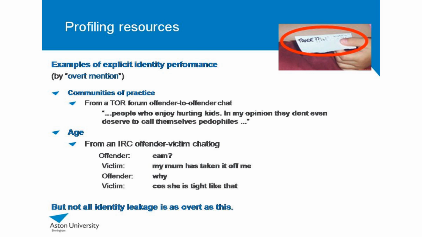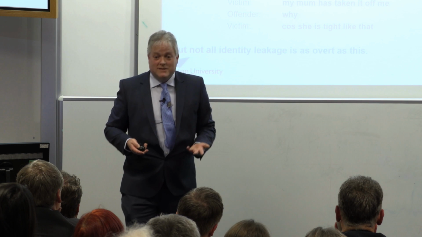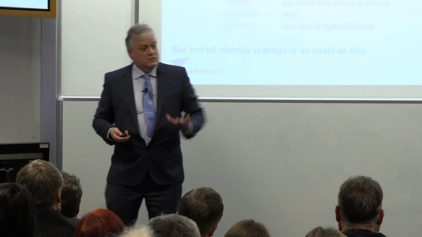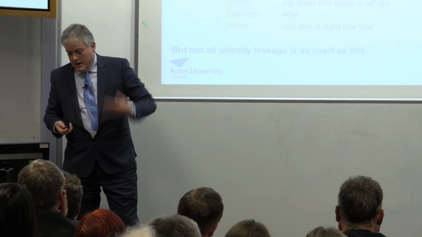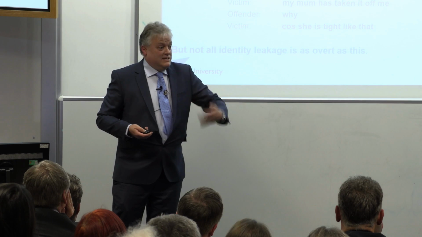So they are performing within their community of practice. You get performances of age. So in this case, the victim says, my mum's taken the camera off me. So that's a performance of age, which is relatively overt. This is a child speaking. But not all identity leakage is as overt as this.